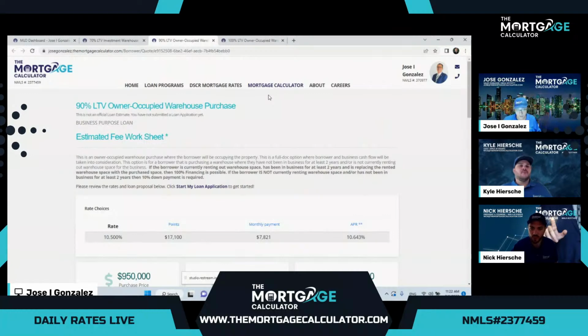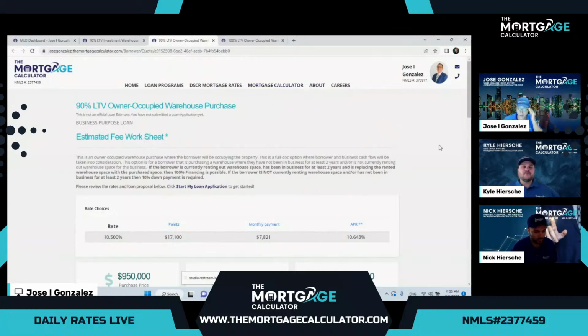Still not too shabby. We go from 70% financing on an investment warehouse where you're going to rent it out to 90% and maybe even 100% financing on an owner occupied warehouse.